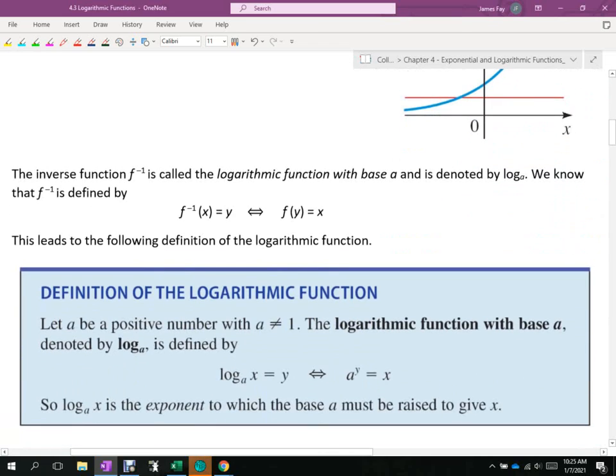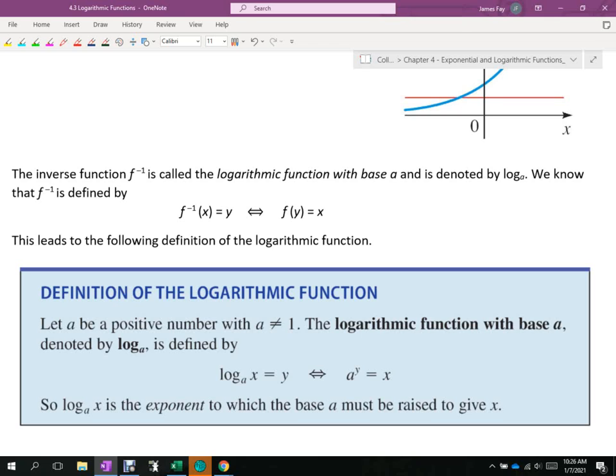It has base a, which is the same exact base as the exponential had. We denote it with the word log, and whatever that base is, we write it as a little subscript behind the word log. This is simply the definition of inverses. It says f inverse of x equals y if and only if f of y equals x.